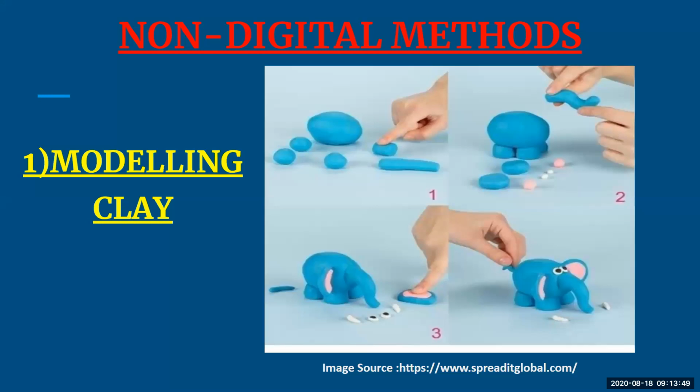But when we talk about non-digital methods, these are the traditional methods which have been used for years and years and that are helping people to design their models. It is a tough kind of model structure or traditional system which helps you to come up with different modeling types or different structural types of your design.